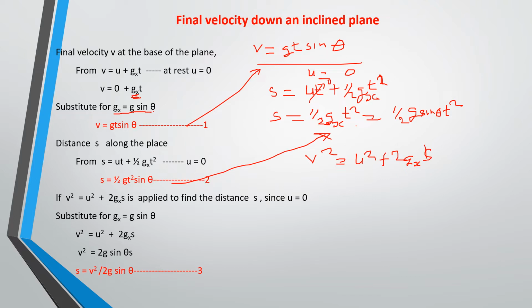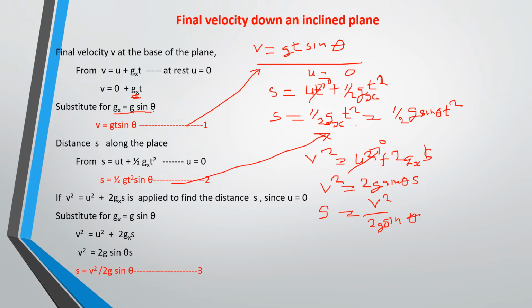So this will be equal to 0, since we said initial velocity is equal to 0. So this gives you v squared is equal to 2g sine theta, substitute that equation for s. Then make s the subject. You have s equal to v squared over 2g sine theta.